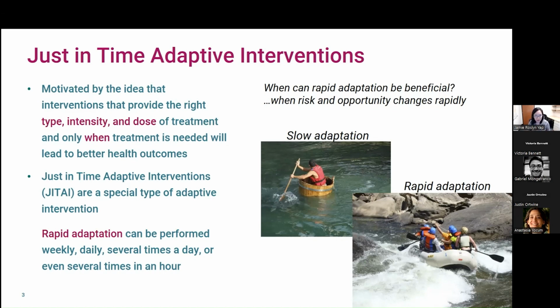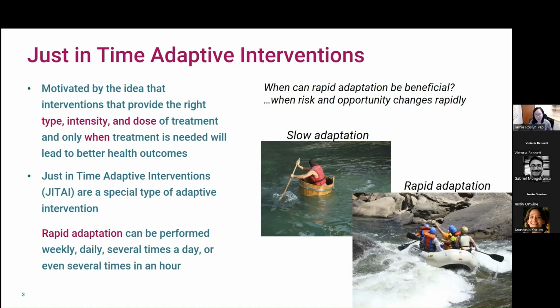Well, in that scenario, you might not want to tweak or adapt that curriculum in the middle of the school year, but you may want to simply assess the student's progress at the end of that school year and adapt after the school year has ended. So this is an example of when slow adaptation might also be desired. But for this talk, we'll be focusing on the situation where rapid adaptation can be beneficial.